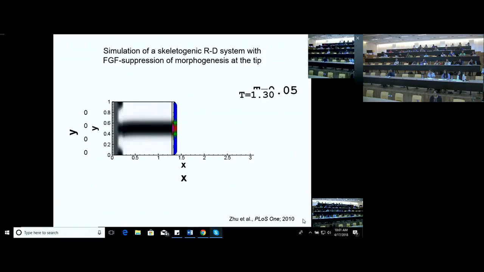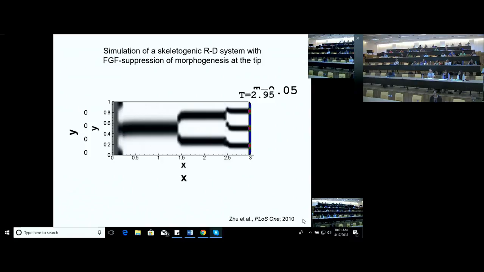Okay, but the width of that suppressive region changes, and you get transitions to larger and larger numbers of elements as you move out. So you can actually, based on reaction diffusion dynamics that is suppressed at the tip so that it doesn't differentiate all at once, and if you just control the ratio of the activator and inhibitor and change the shape of the domain, you can actually generate a limb-like structure.